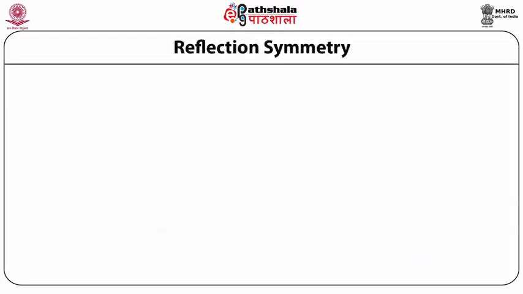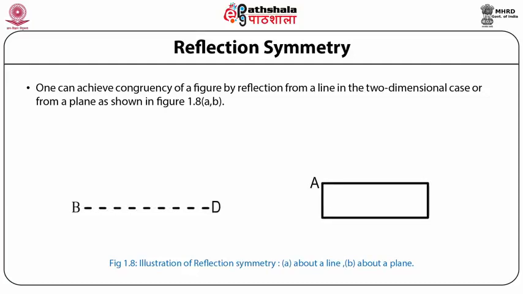Reflection symmetry. One can achieve congruency of a figure by reflection from a line in the two-dimensional case, or from a plane, as shown in figure 1.8 a and b.